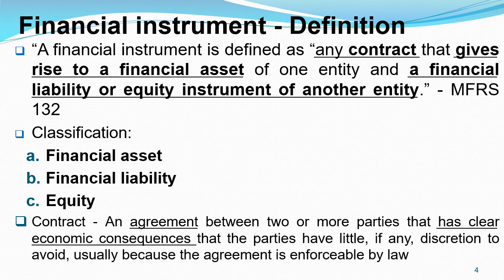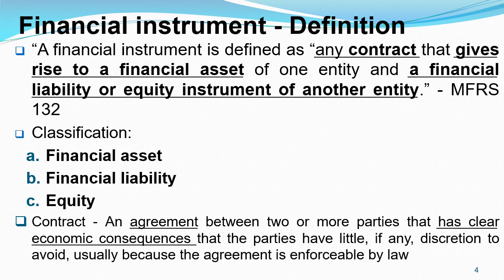In order for you to identify the existence of a financial instrument, you check first, is there any contract? Let's look at what is meant by contract. Contract is an agreement between two or more parties that have clear economic consequences, that the parties have little, if any, discretion to avoid, usually because the agreement is enforceable by law.